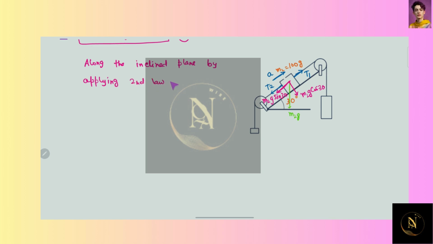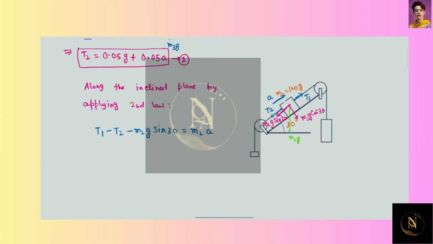we can write the net force along the inclined plane as T1 minus T2 minus M2G sin 30, which is equal to M2 times A. By putting in the values, we get T1 minus T2 minus 0.1 times sin 30, which is half, so that is 0.1 by 2 G, equal to 0.1A.